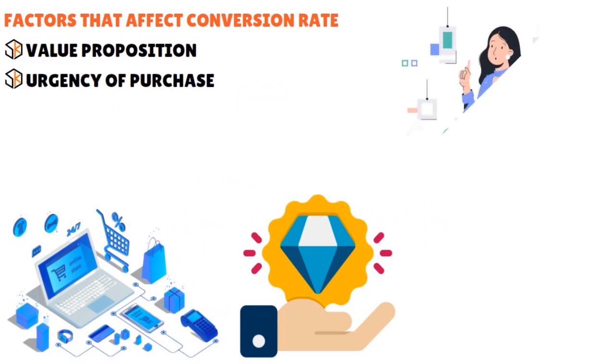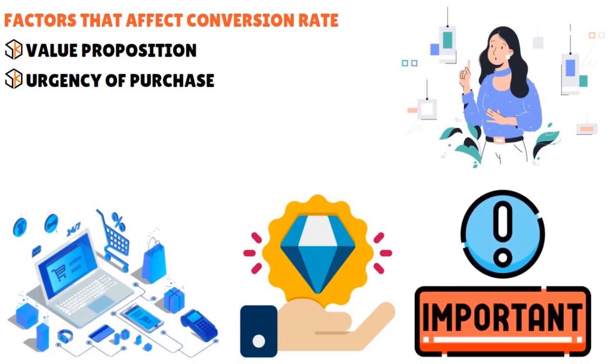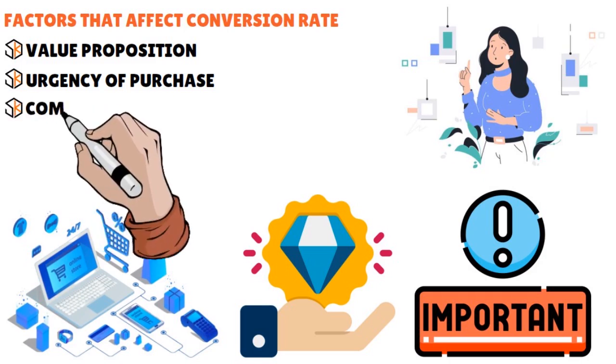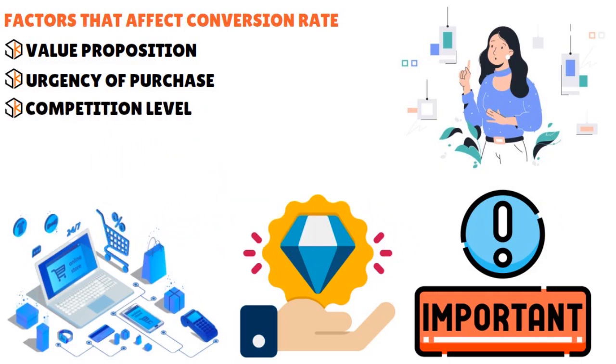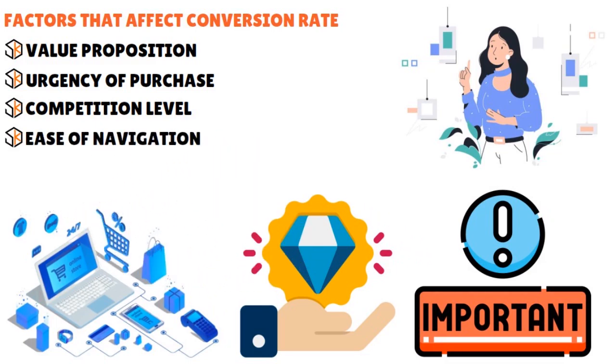Consumers nowadays are inundated with options, so urgency refers to the importance of buying the item now. If a site visitor does not think that your product is an urgent need, he or she is not going to buy. You also have the competition level. This will affect your Shopify conversion rate, along with the ease of navigation of your online store.